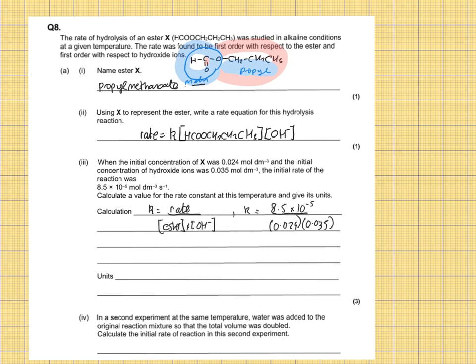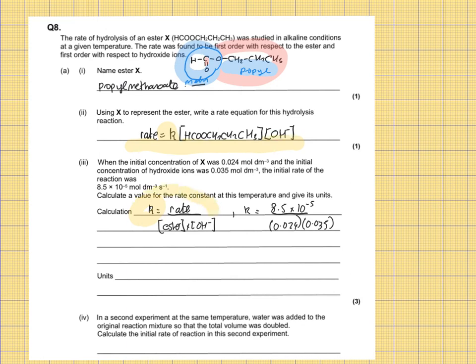For this part of the question, all you needed to do was to substitute the values into our rearranged rate equation. As before, if we're asked to find the rate constant, we need to rearrange the rate equation. To isolate k, we need to divide both sides by the concentration of the 2 reactants.